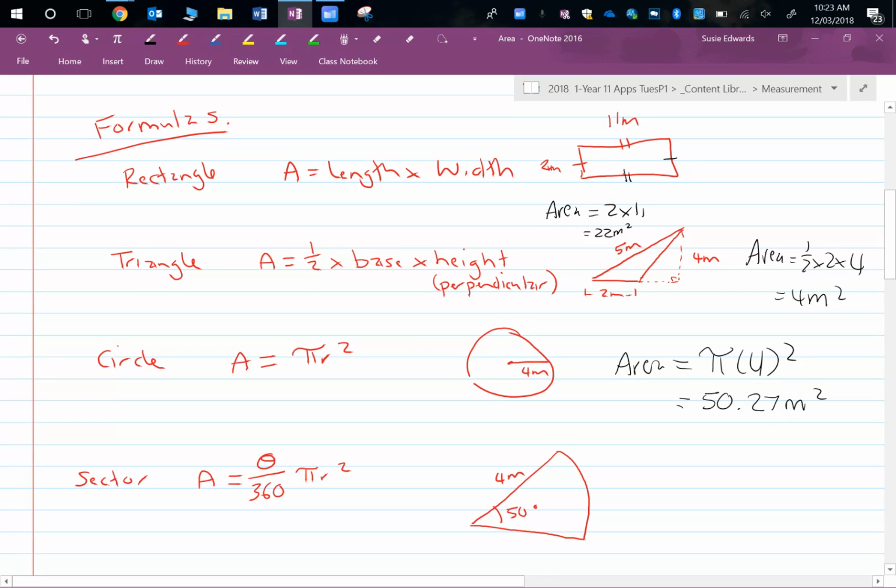All right, so area equals 50 over 360. So we're finding that proportion of the circle, just 50 degrees of a whole circle, times by pi times 4 squared.